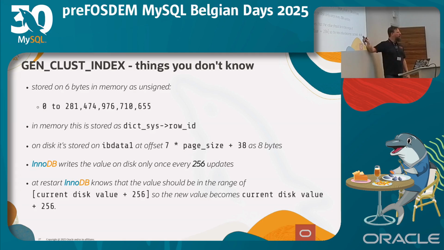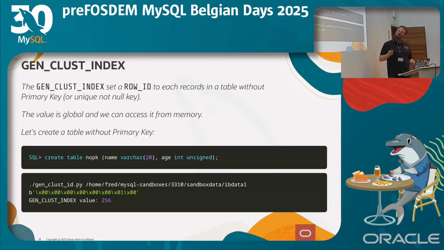So who learned something already? That's more and more. This gen cluster index will set the row ID, because every record has a row ID in the tablespace, and we will put this gen cluster index in a table without a primary key.